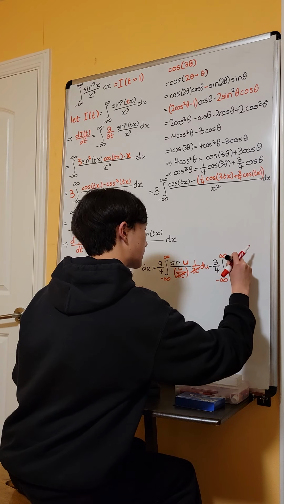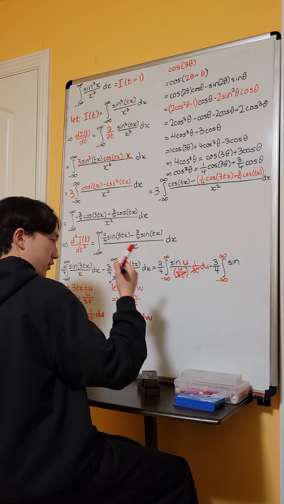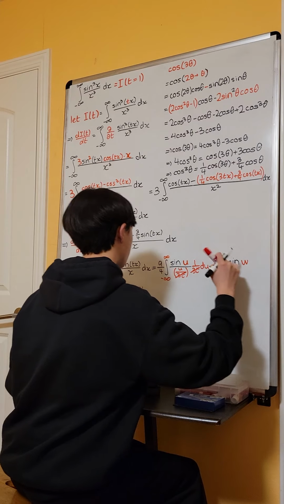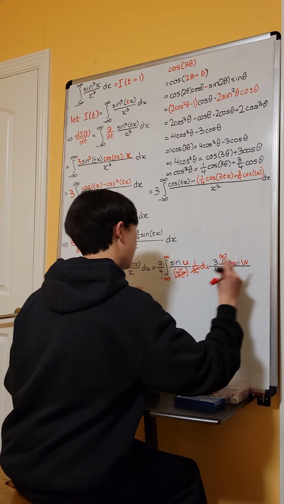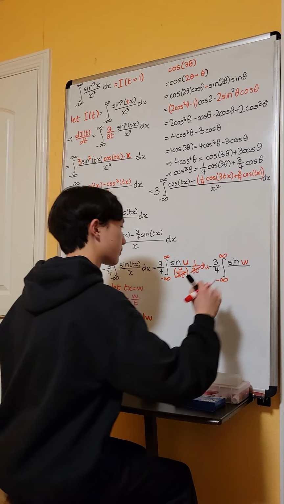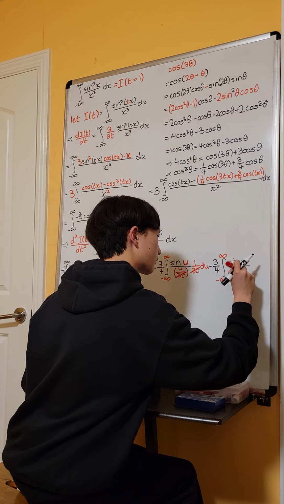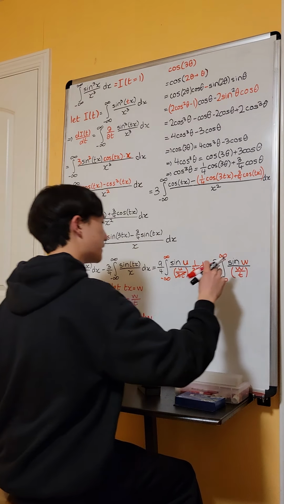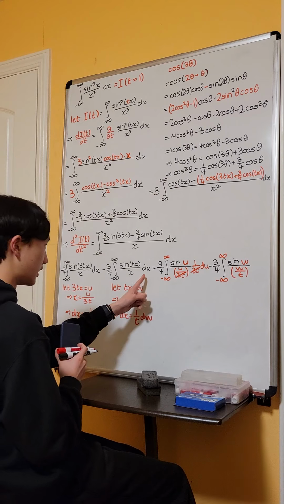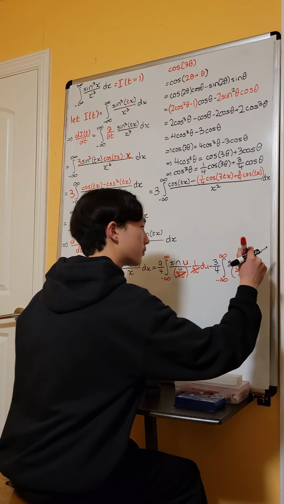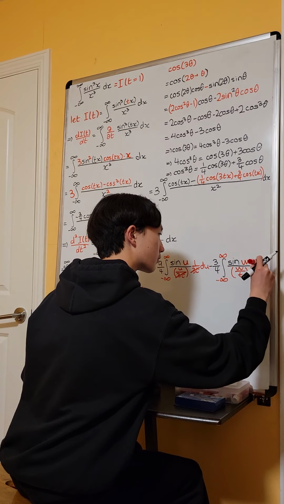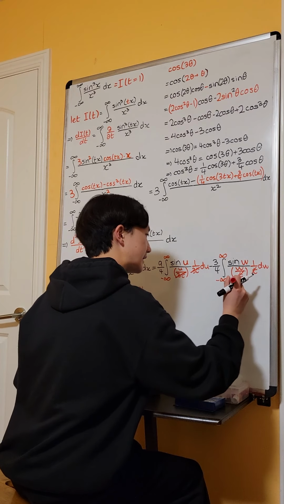Sine of tx, well, tx is just w. So you get sine w over, and then x is w over t, and your dx is 1 over t dw. This t and that t cancel.